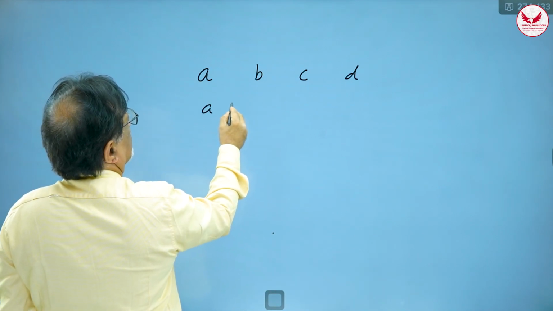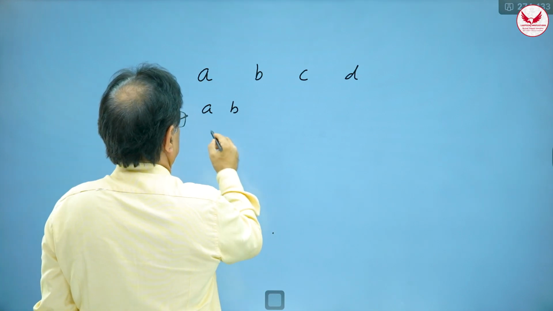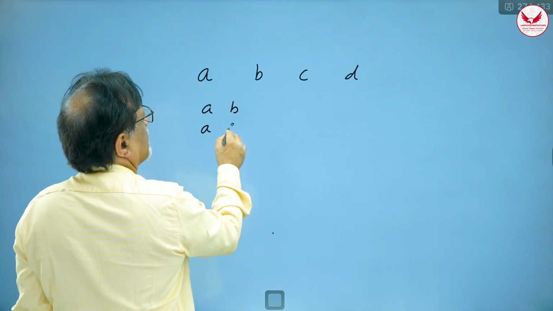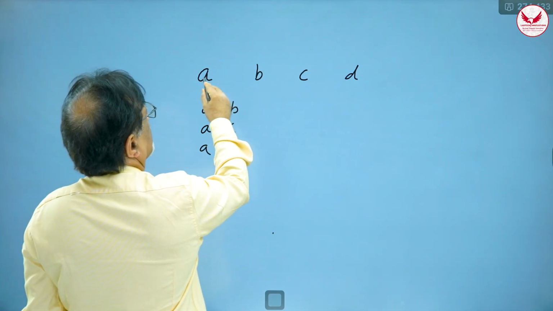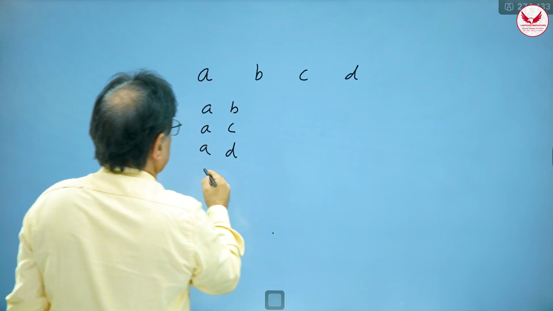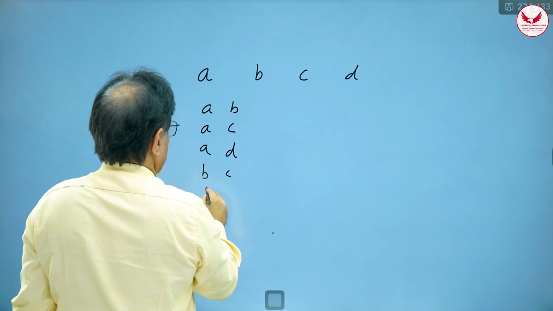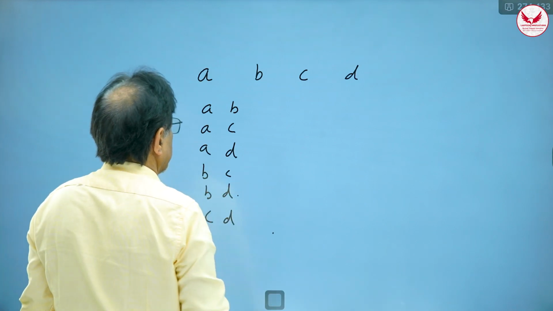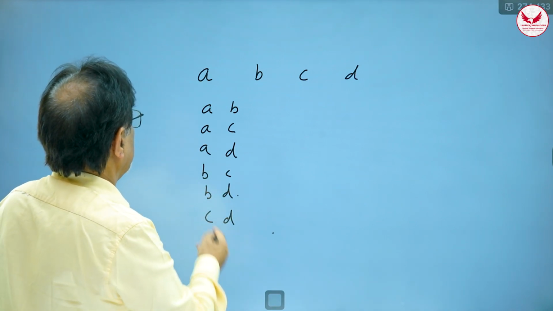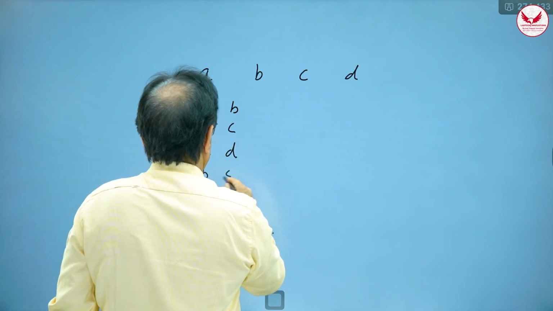So AB, one arrangement. The second arrangement will be AC, the third AD. So AB, AC, AD. Then I will have BC, BD. And the last arrangement will be CD.